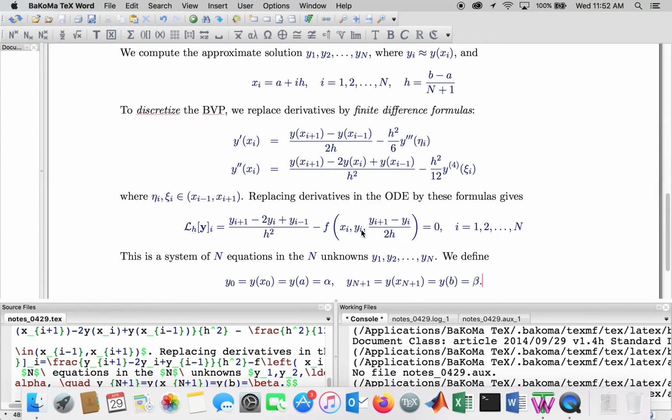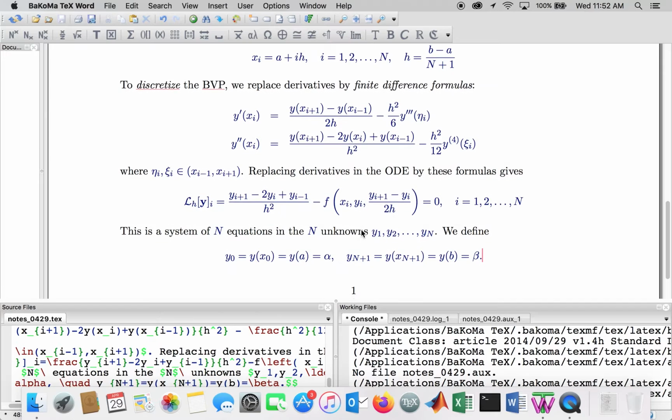Okay, so now we need a way to solve this system of equations to get the values y1, y2 up to yn. But how that's done depends on whether the problem is linear or nonlinear. So I'll get to that shortly.